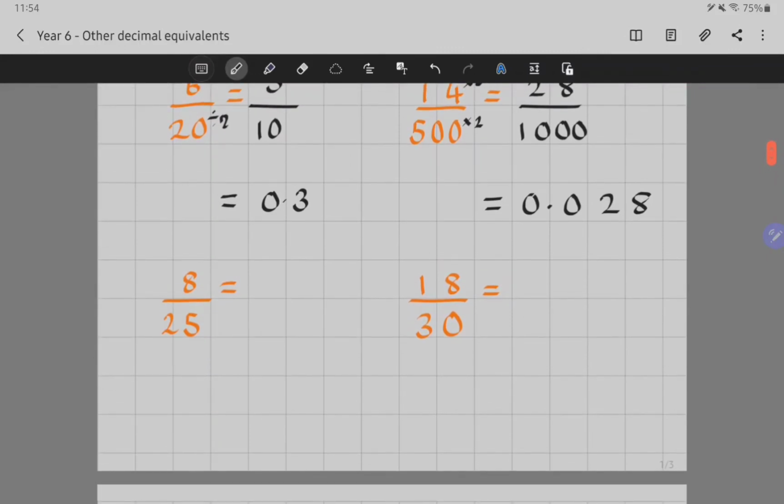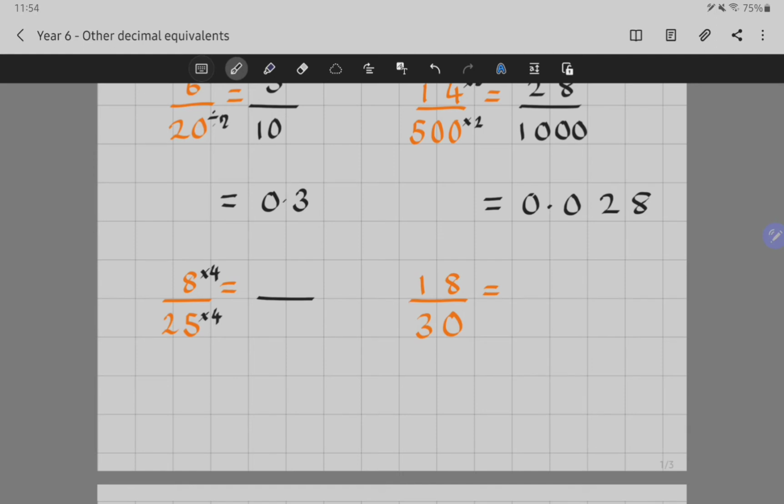Brilliant. Let's have a go at these two then: 8/25ths and 18/30ths. So 8/25ths. I'm not going to be able to divide 25 to make it into 10, but I am going to be able to make it larger. I can make it into 100. I can multiply it by 4. That means I'm going to have to do the same to my numerator.